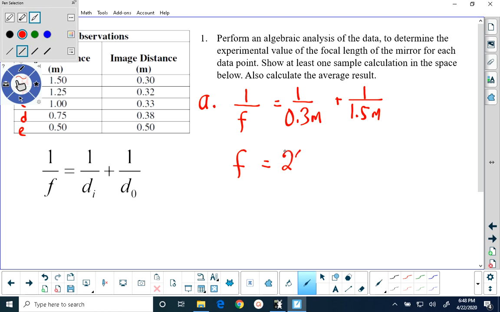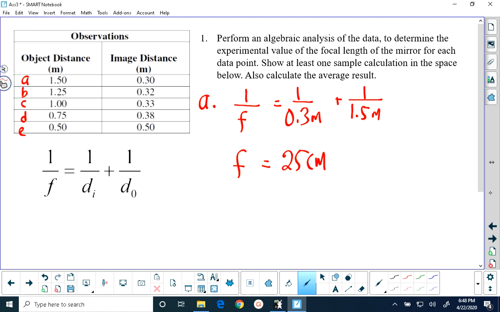So 25 centimeters. Now, what are you expected to do for full marks here? You have to show one sample calculation, and that sample calculation is what we just did. You're going to need to calculate a focal length from data set B and from data set C and from data set D and from data set E, but you don't need to show them all.